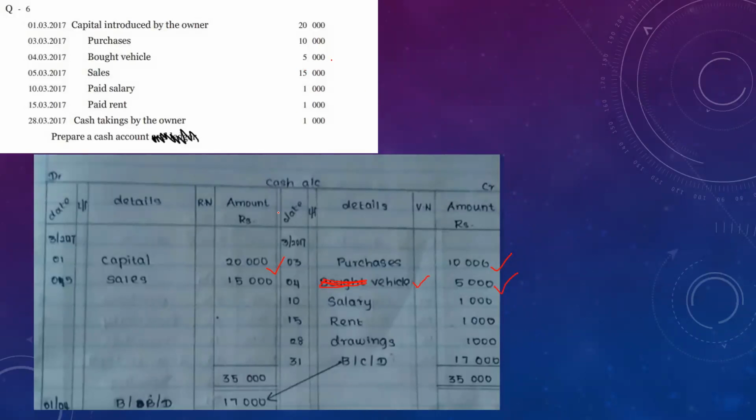Sales 15,000. Sales, we receive money. The cash account rule is cash received, debit to cash account. Cash given, credit to cash account. So sales, cash received, debit side 15,000. Salary paid 1,000 credit.